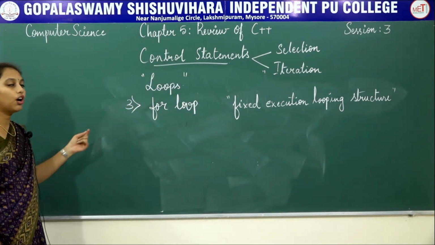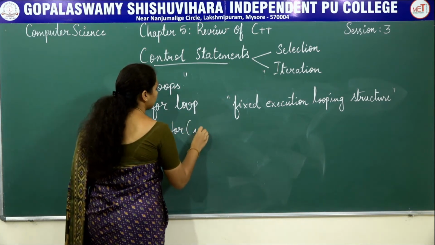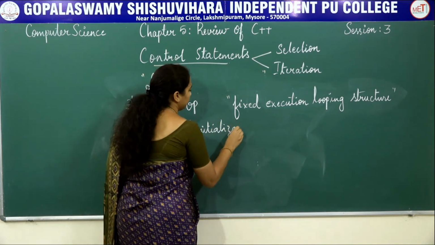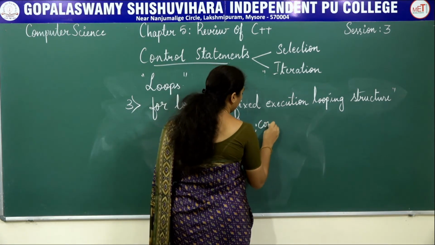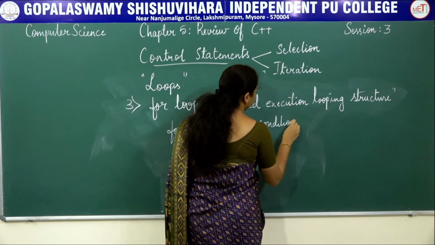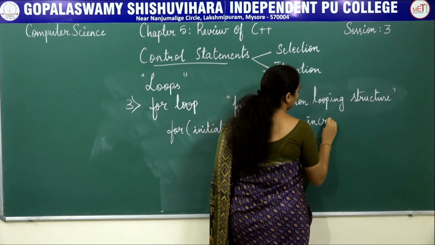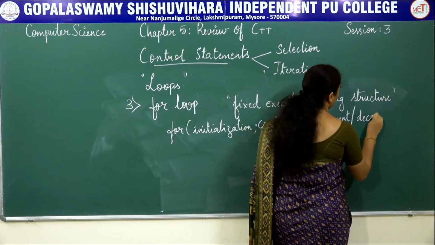The syntax for the for loop is: for (initialization; condition; increment or decrement).